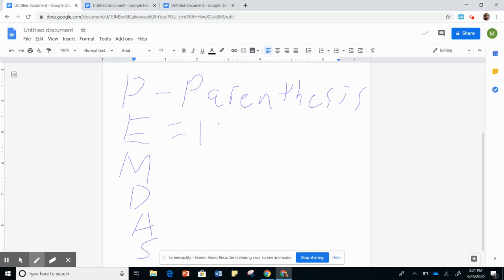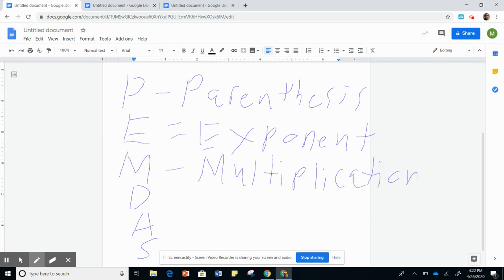The E stands for exponent. The M stands for multiplication. The D stands for division. The A stands for addition.